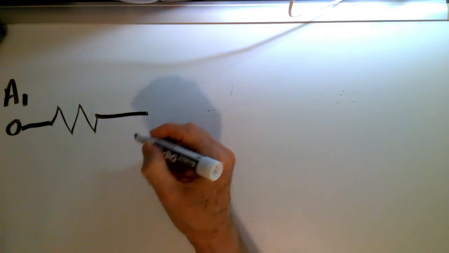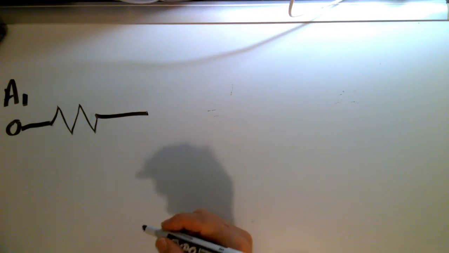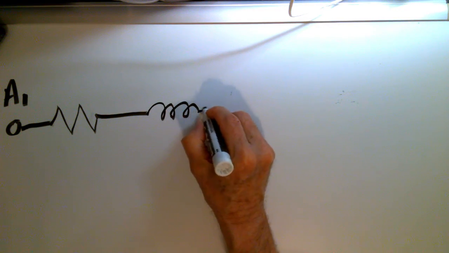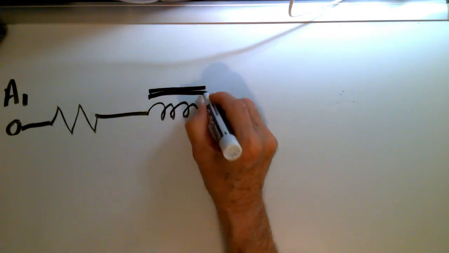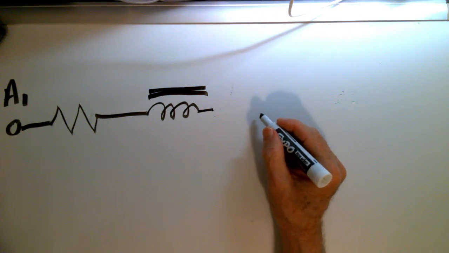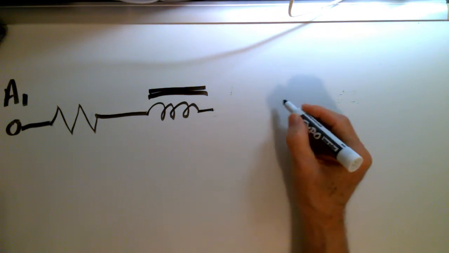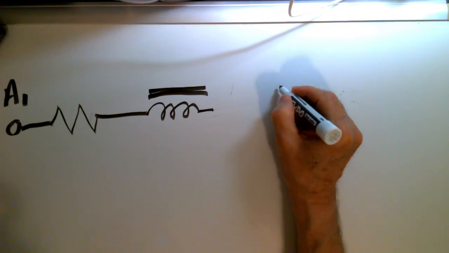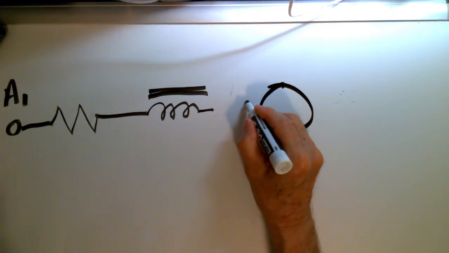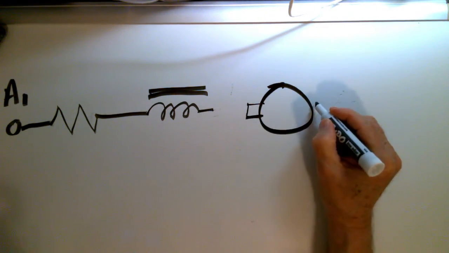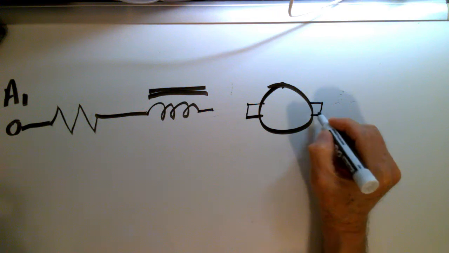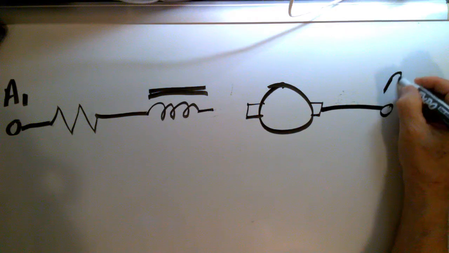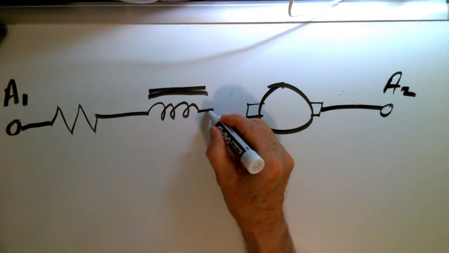Okay, and this wire is formed into a coil, so we'll represent it again as an inductor with an iron core. And then we get to the armature. Okay, the armature is the rotating piece of the motor. It has brushes. There's a brush. There is a brush. And we have the terminal A2 that goes with that.